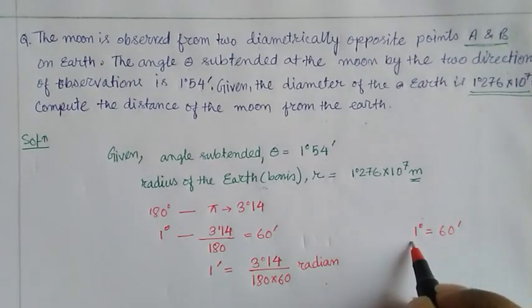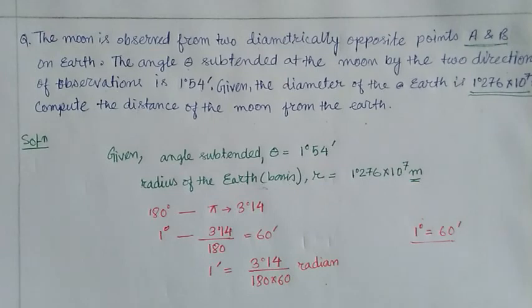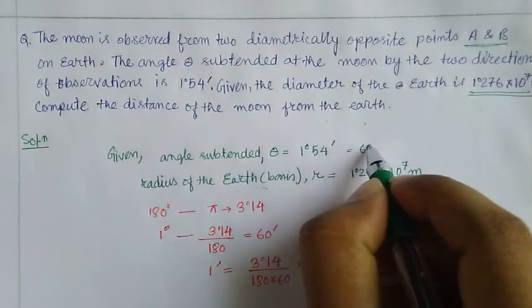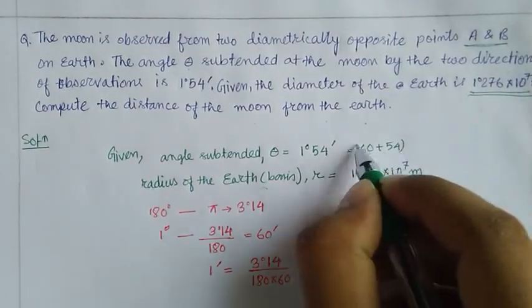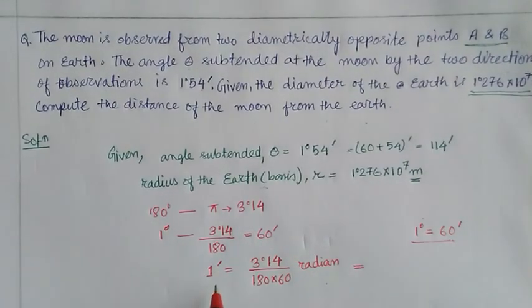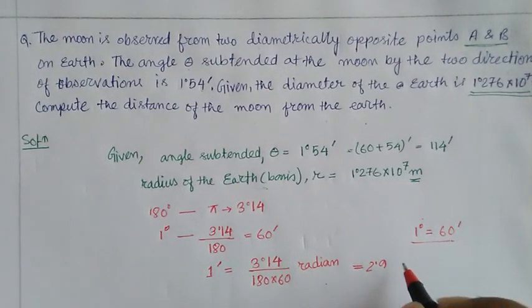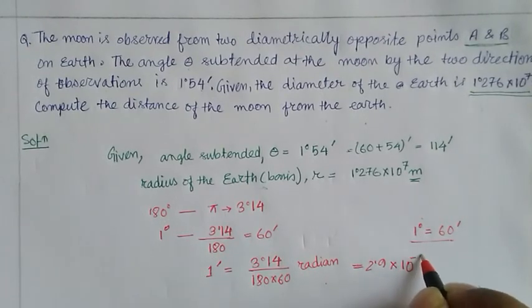So using this 1 degree equal to 60 minutes, we can write theta as 60 plus 54 minutes equal to 114 minutes. Calculating this value, we get 1 minute is equal to 2.9 into 10 to the power minus 4 radian.